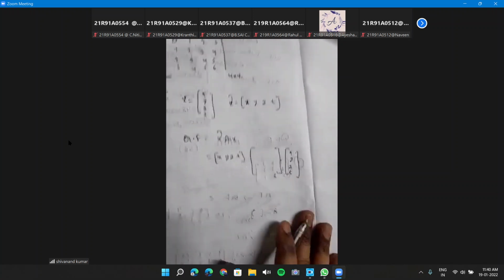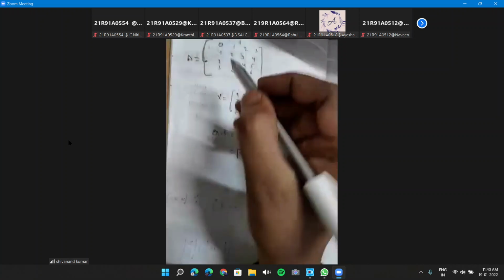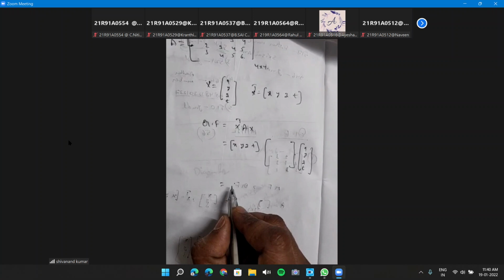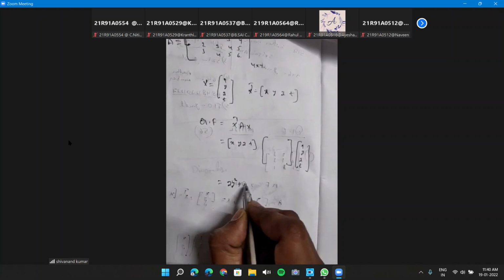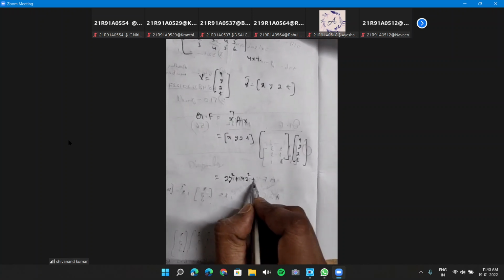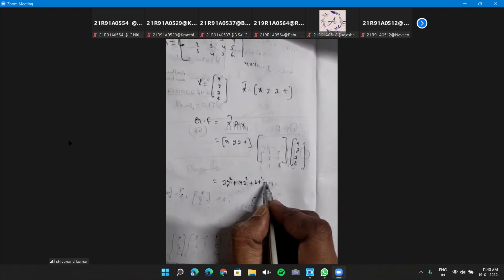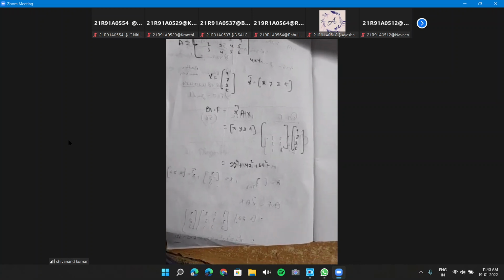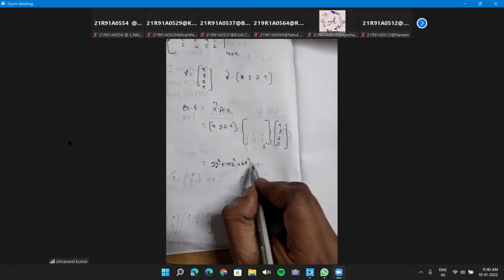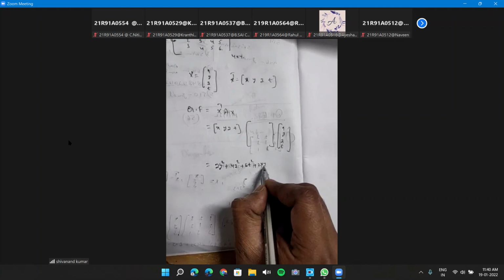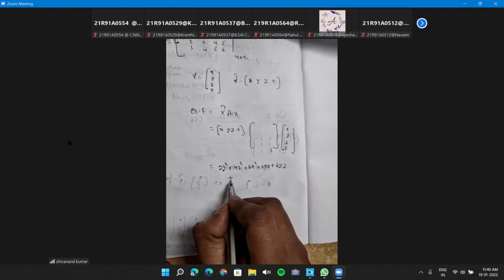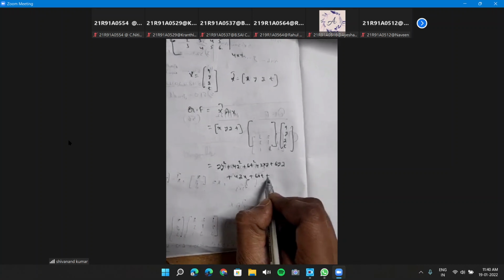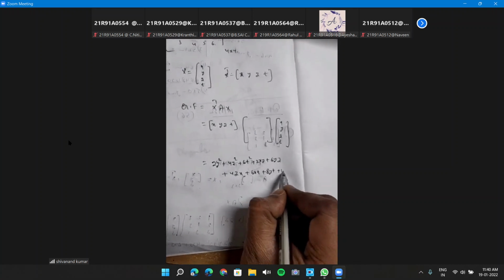If you multiply, first this is 0, so there is no x square term, and you get 2y square plus 4z square plus 6t square, and after that whatever values will be there: 2xy plus 6yz plus 4zx plus 6xt plus 8yt plus 10zt.